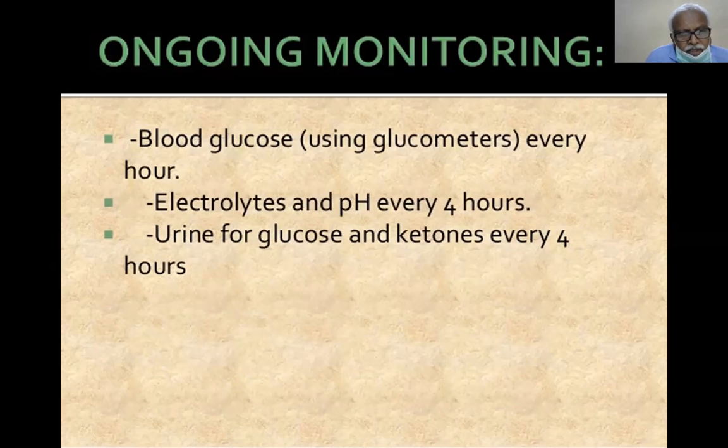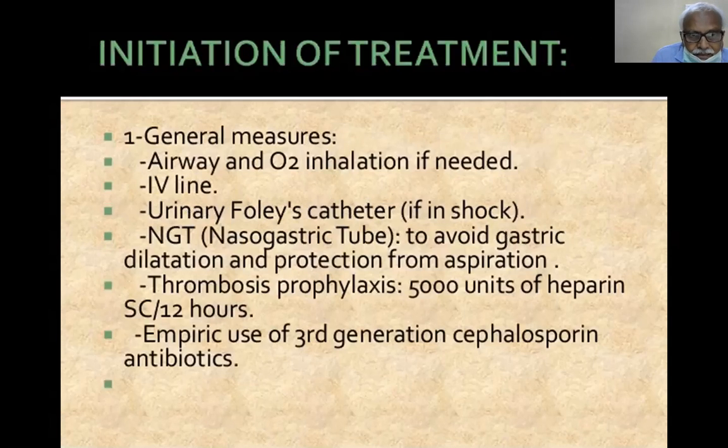It is not painful, and there is no difficulty if we do it carefully, using blood from the peripheral circulation. Electrolytes and pH every 4 hours, and urine for glucose and ketone bodies every 4 hours. So we have to do this urinary analysis.